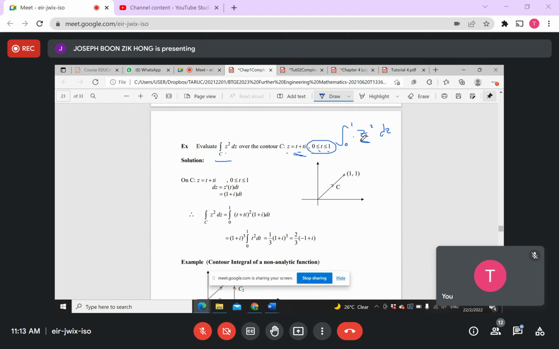Okay, this one is still simple. Z squared, you just substitute with t plus ti. And then you have to substitute the dz into dt. So how are you going to do that? I know that z is t plus ti, so I differentiate both sides. So my dz will be 1 plus i dt.